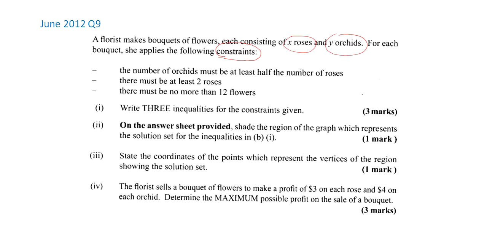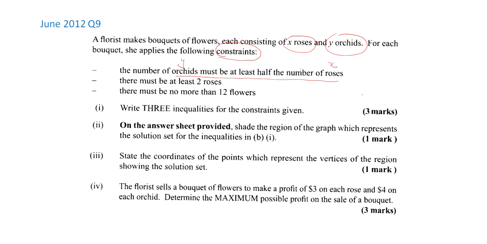Now, in order to write the inequality, you just need to look at the wording of what is being said. So orchids is represented by Y, and roses are represented by the letter X, right? So the question said orchids must be at least half of the number of roses.